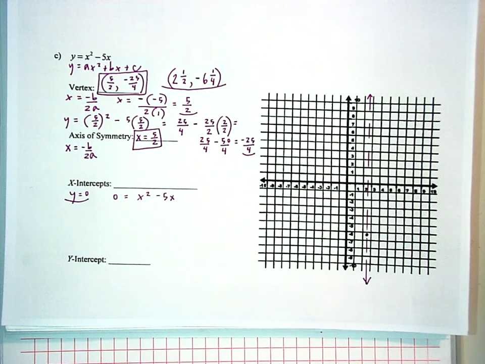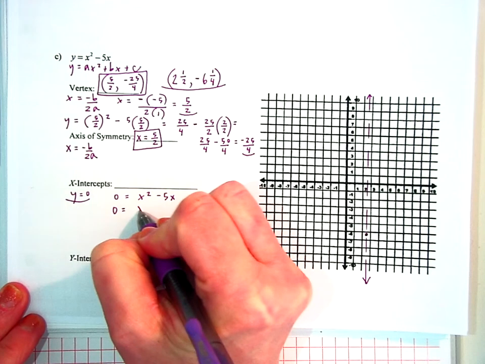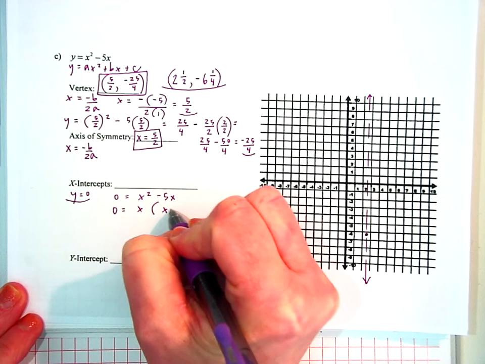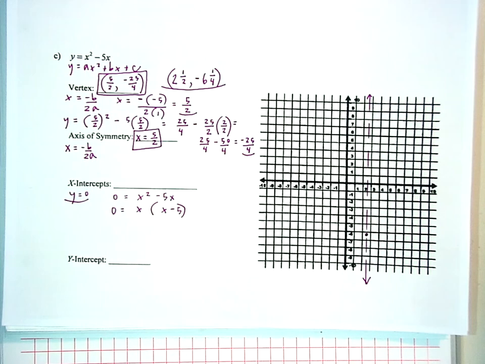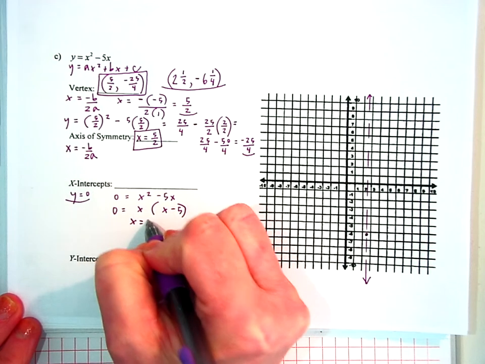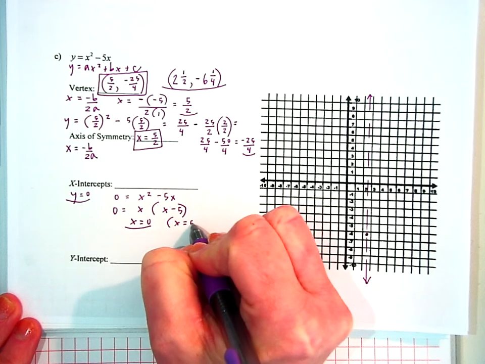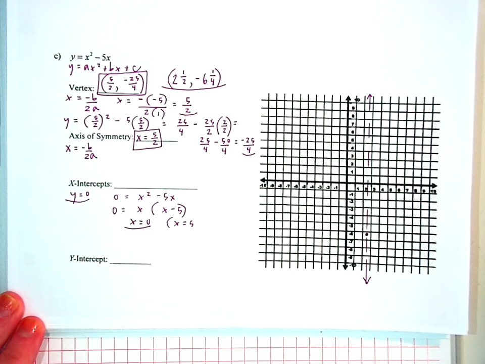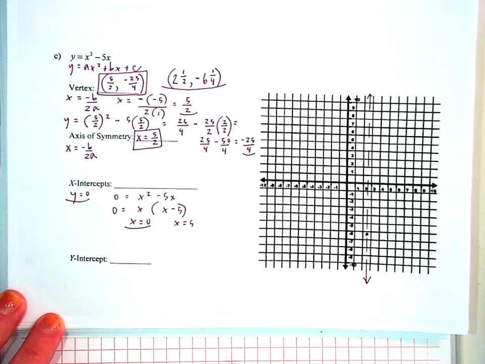That GCF is simply x. So 0 equals x times x minus 5. Okay, take each factor, set it equal to 0, and solve, and I get here that x equals 0, and here x equals 5.